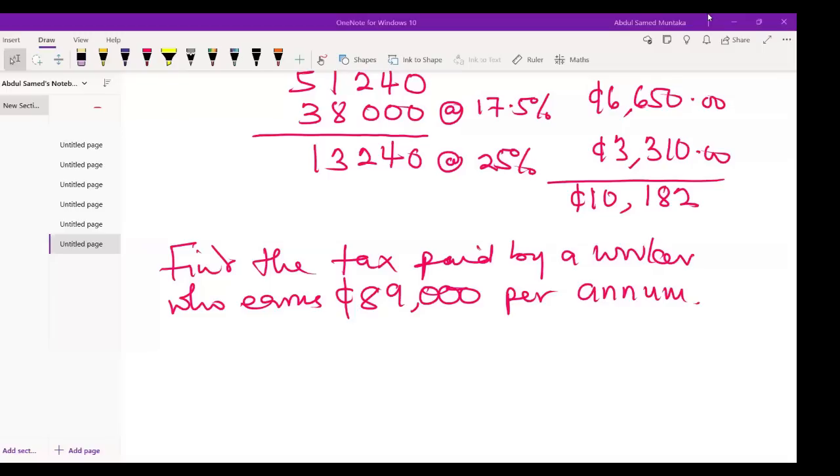Rama, I don't understand. It's not a question. Alice, the person should not pay tax more than the amount they are earning. What you have posted is 1,068,000.